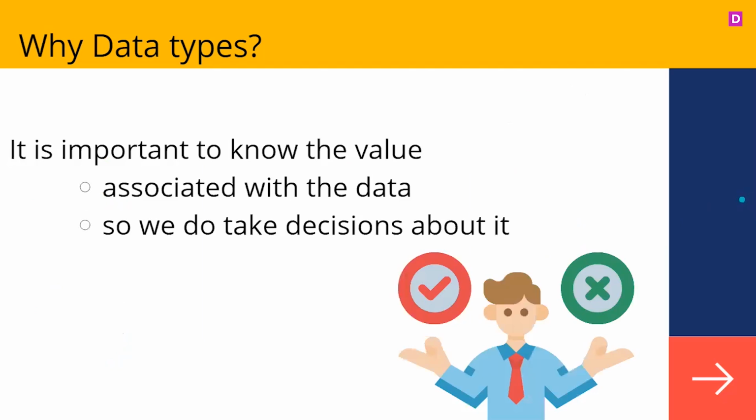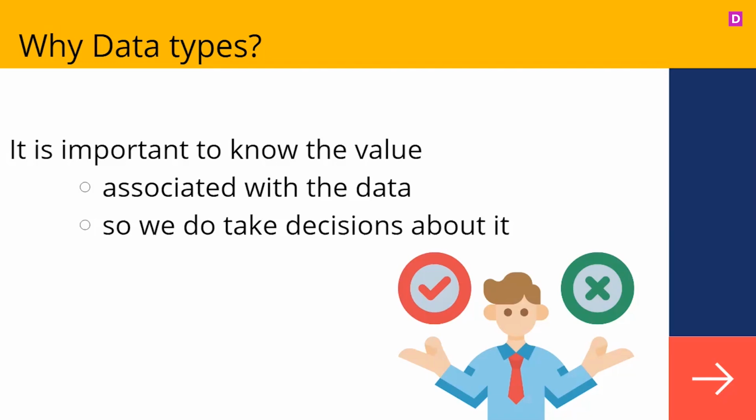Generally, the reason why we have something like a data type in our systems is because we want to know the value which is associated with the corresponding data. Only if you know the value associated with that data can you come to some conclusions about it. In the same example, if the stranger is a happy-going person, you will get to know it if the person smiles.